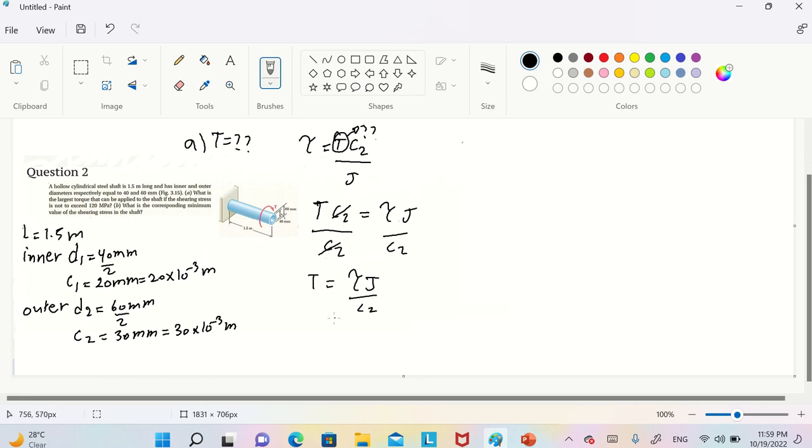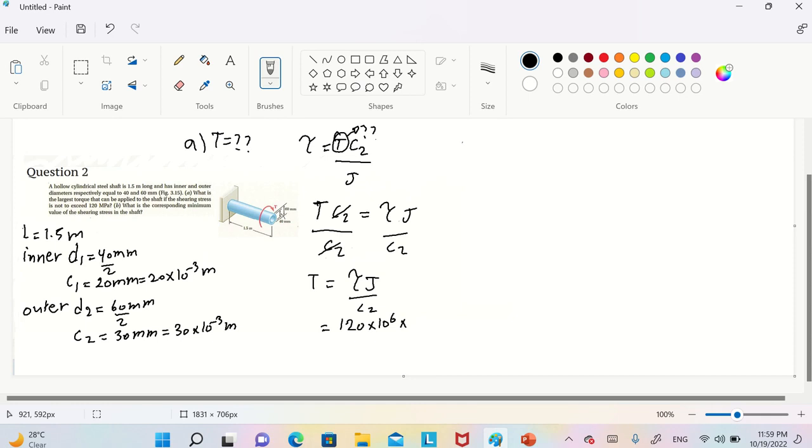So it says in the question that the shearing stress is not to exceed 120 megapascal, so that is 120 times 10 power 6, times the moment of inertia. We don't have the moment of inertia yet.